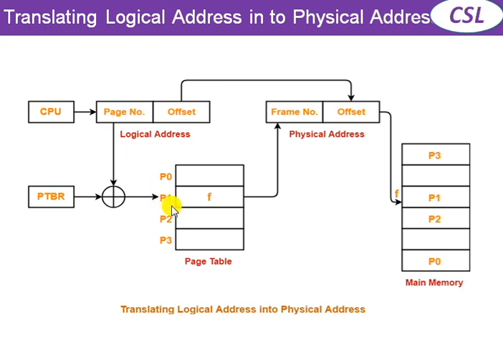Based on the page number, we can get the particular frame number, and that frame number is added with the offset given by the CPU, so that we can get the particular memory partition where the exact data of that particular page is available. This is how a logical address given by the CPU is translated into the physical address.